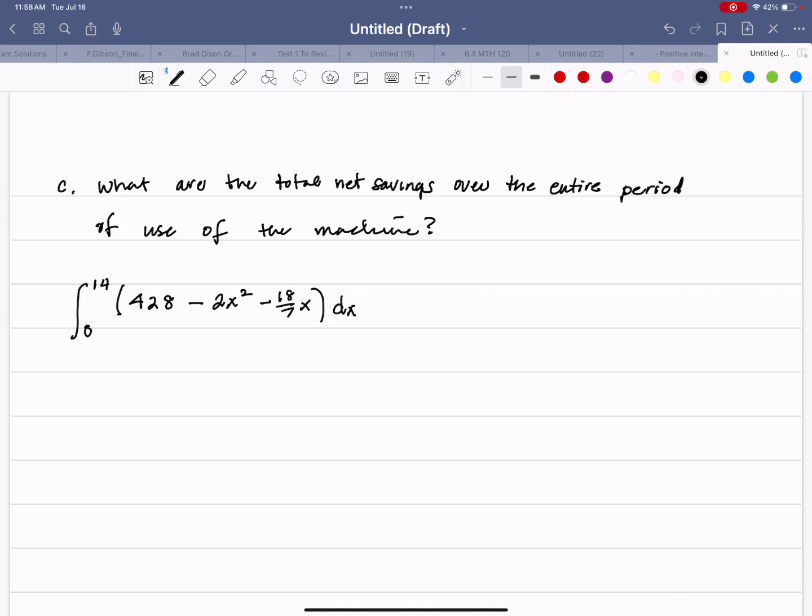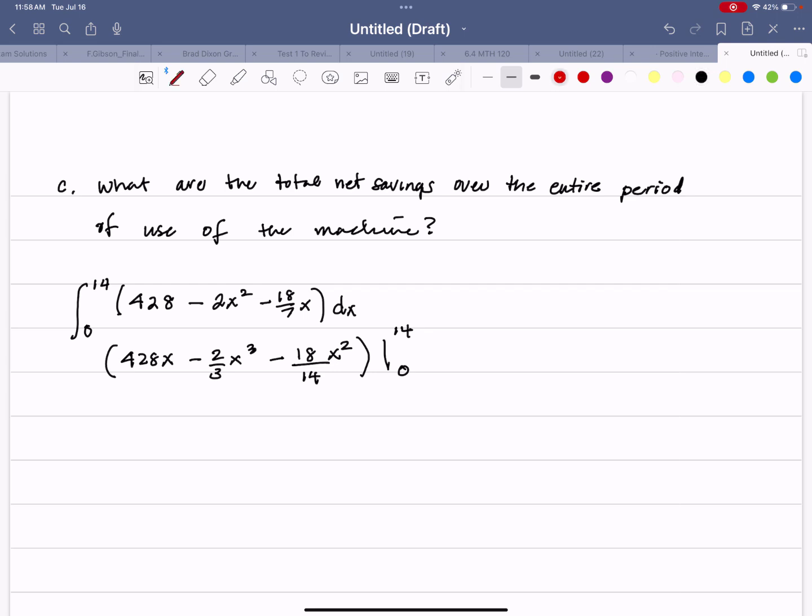And really, we'd already done the integral, so we could have just used that, remember? 428x minus 2/3 x cubed minus 18 over 14 x squared, evaluated at 14 and 0.